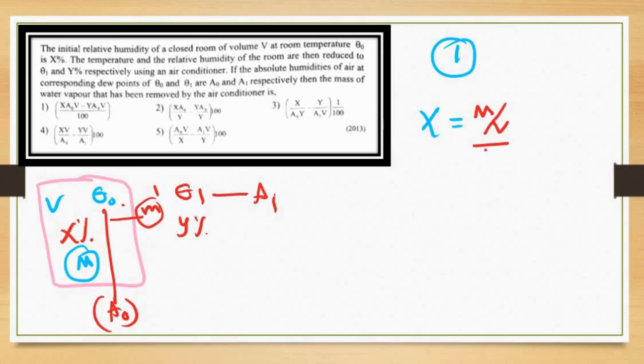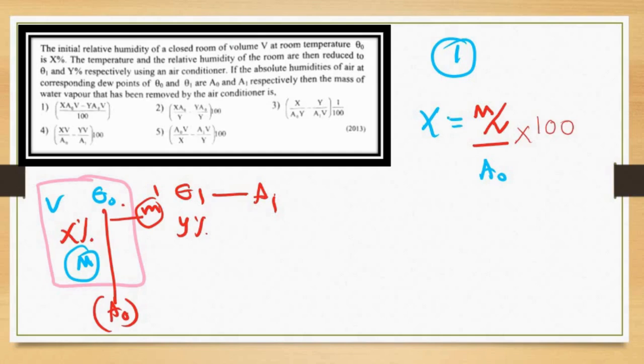So m divided by volume is the absolute humidity, and saturated absolute humidity is a naught. Then I can multiply it by 100. So this should be equal to x.